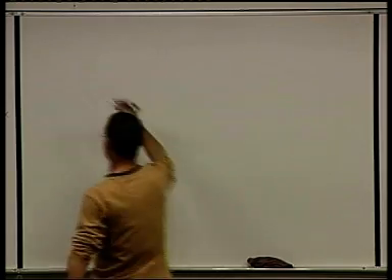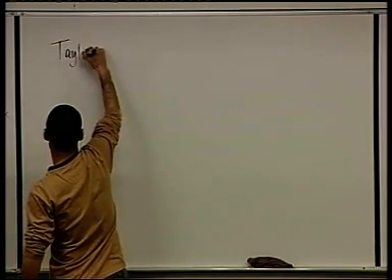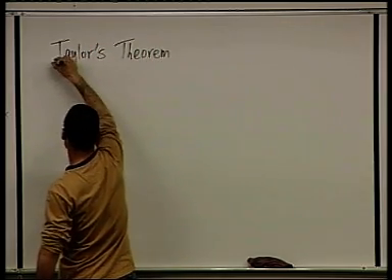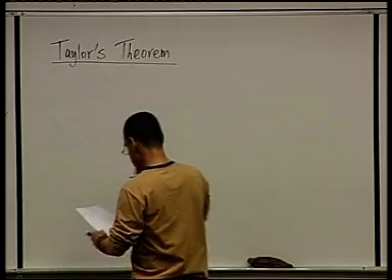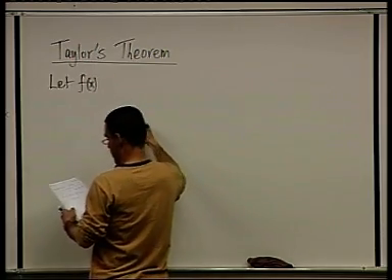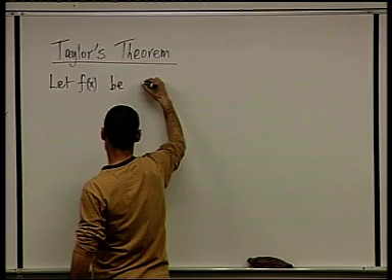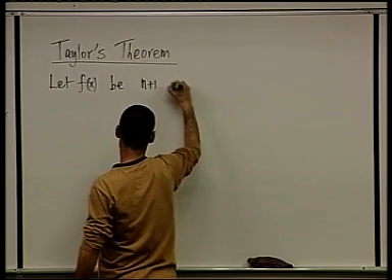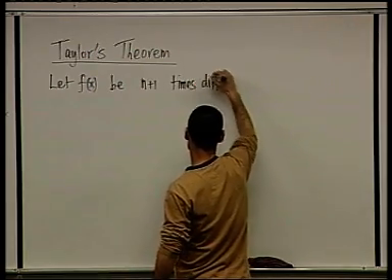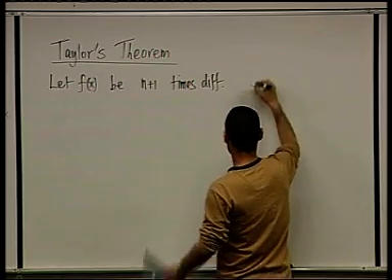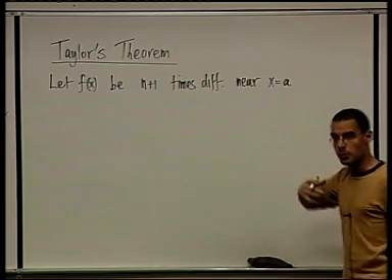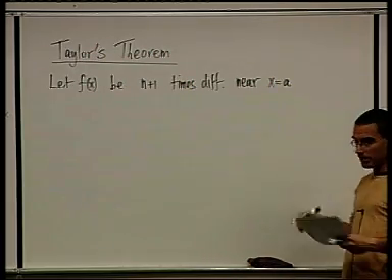Okay, theorem. So here comes Taylor's theorem. Let f be n plus 1 times differentiable near x equals a. I'm going to write it right away for the most general case near the point a and not near 0.